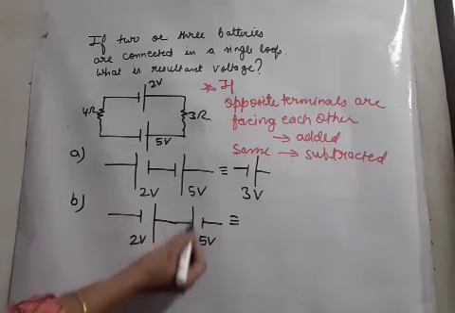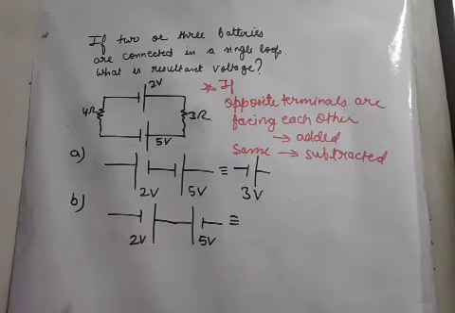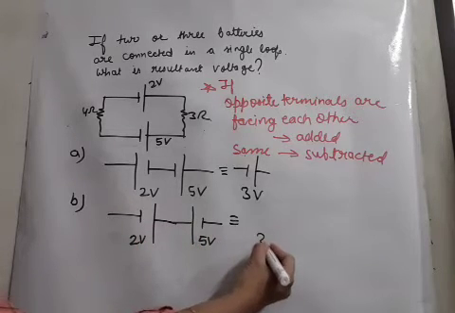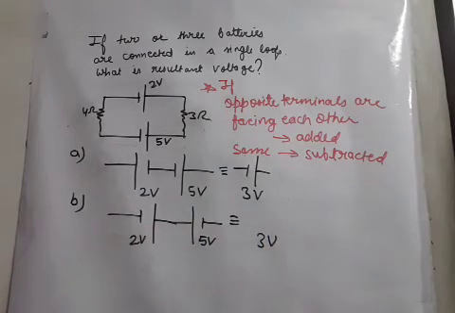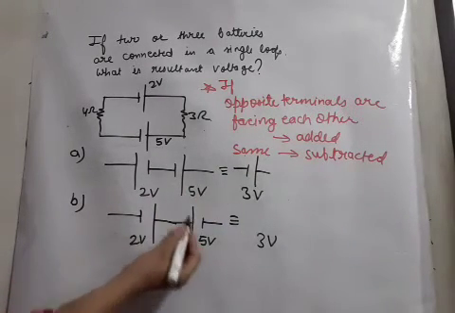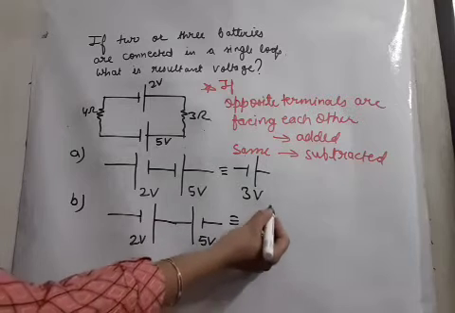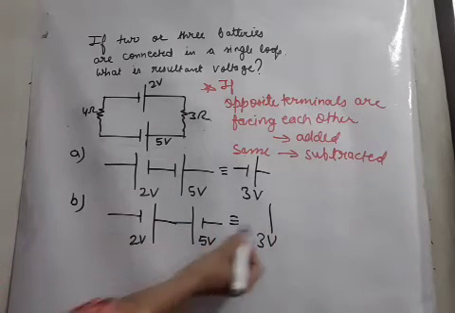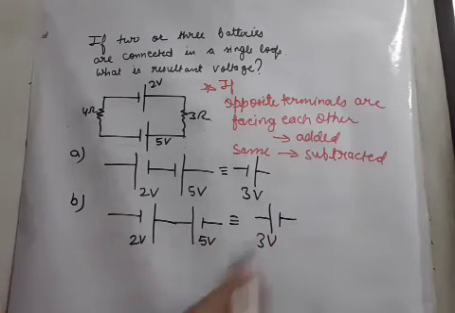So when positive is connected with positive, then also same terminals are connected together. Same terminals means again they are subtracted. So the answer is 3 volt. And we have to show the resultant battery terminal according to the bigger battery. So the bigger battery has the positive terminal on the left side, negative terminal on the right side.